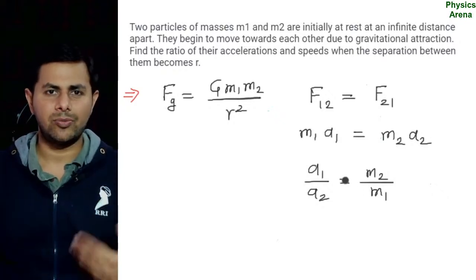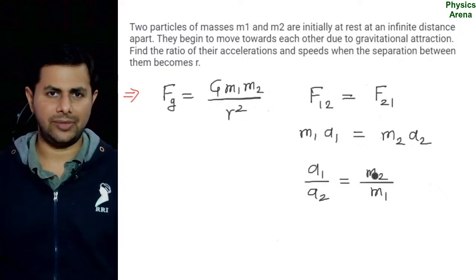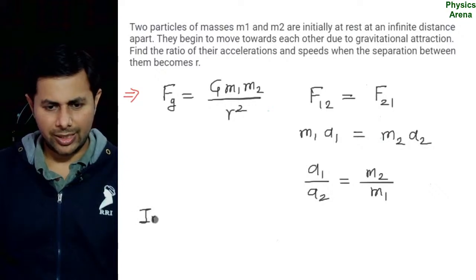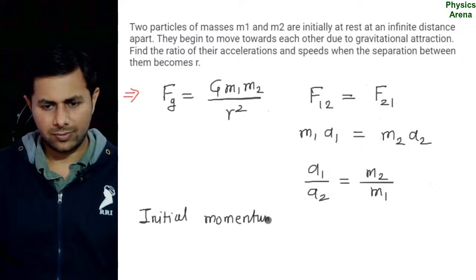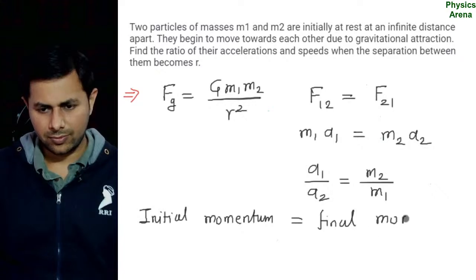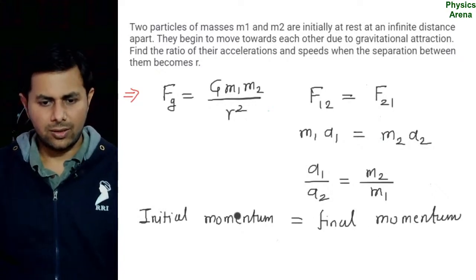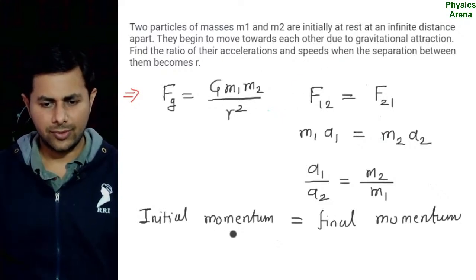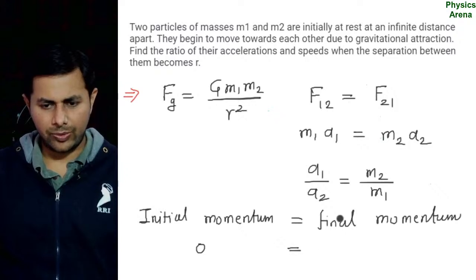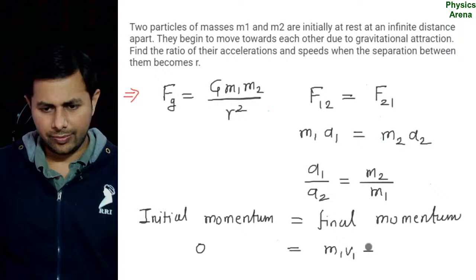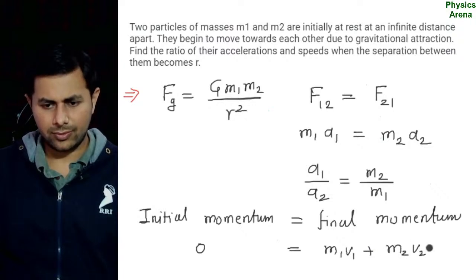So what was the momentum when they were at rest at infinity? It was zero. So the initial momentum equals the final momentum. The initial momentum was zero because both particles were at rest, and therefore the final momentum is m1 v1 plus m2 v2, and this is zero.